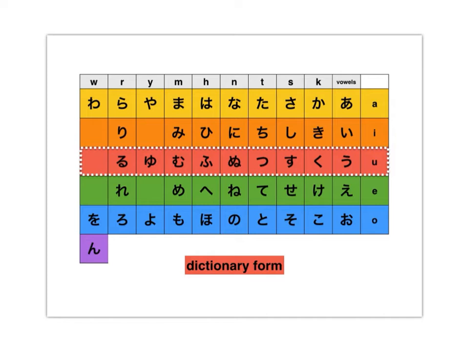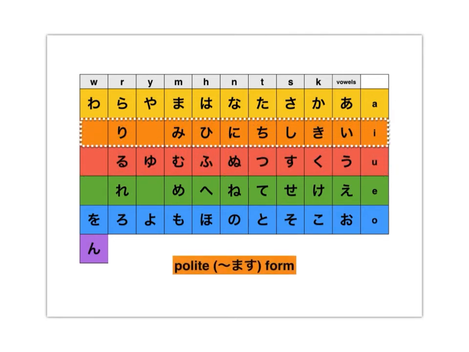When we want to change the dictionary form of a verb into the polite form, and we're talking about u verbs here, we'll shift up one line to the i vowel line. For example, let's take kiku, the verb for to listen, which ends in ku. If we want to make the polite version of that verb, kiku shifts to kiki, and then we add our verb ending, masu.